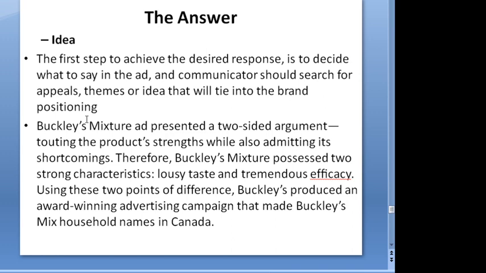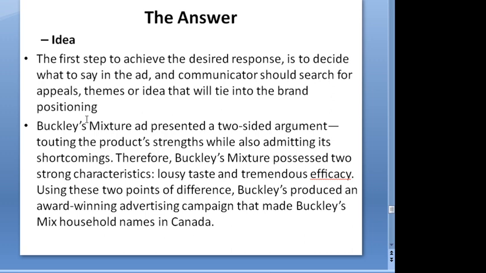The first step, we should decide what to say. And the communicator should search for appeal, themes, or ideas that will tie into the brand position. So let's see what Buckley's Mixture did in its ad.